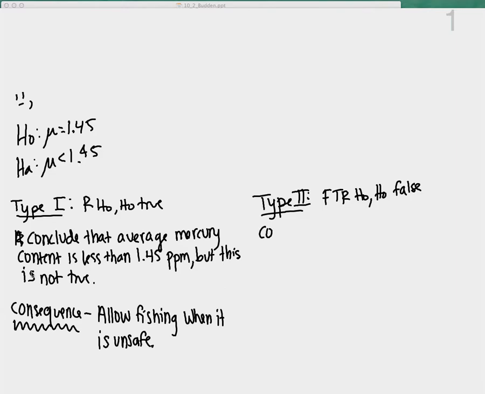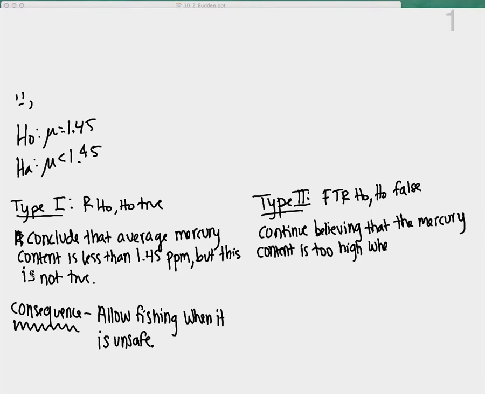So I'm going to continue believing that the mercury content is too high. Because remember, that was our assumption. We were assuming that people were in danger. So we're going to continue believing that the mercury content is too high when it is actually not.